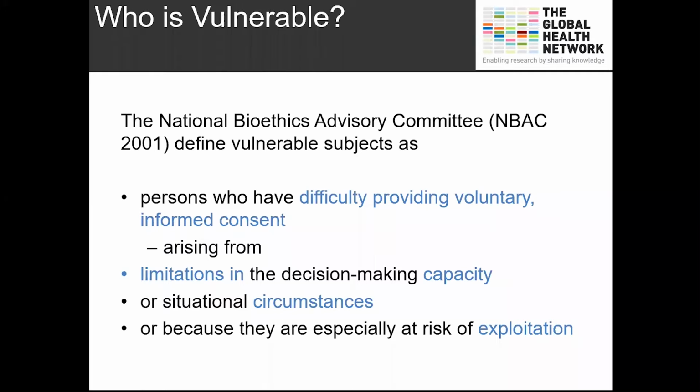Any of those would make a person vulnerable, especially if they are coming in to be involved in research and we are going to collect data from them, which at the end of the day we would use to generalize to make a decision that may affect the world, or the better part of the world. Then it is important to treat them with a little bit of additional caution and measures that have been put in place.